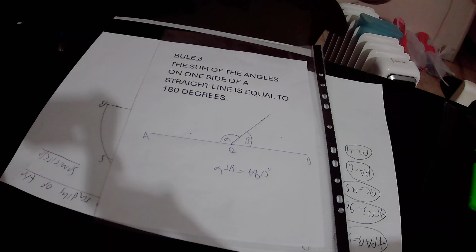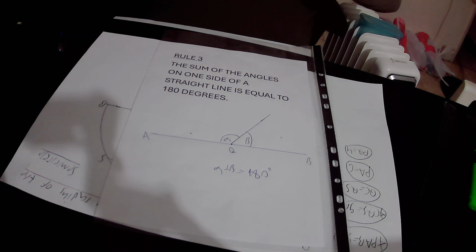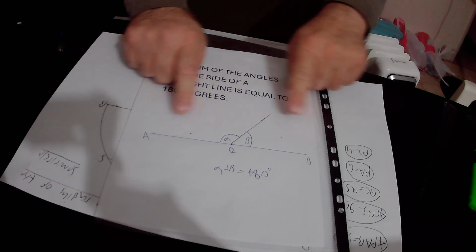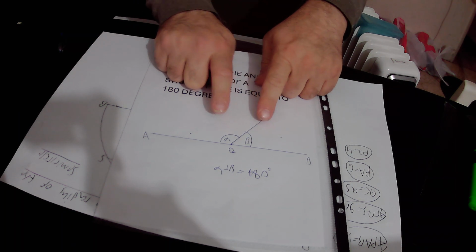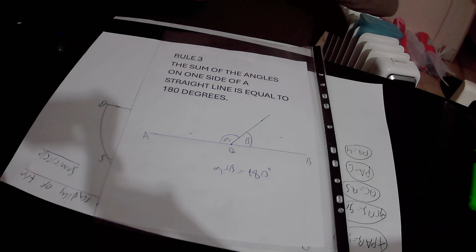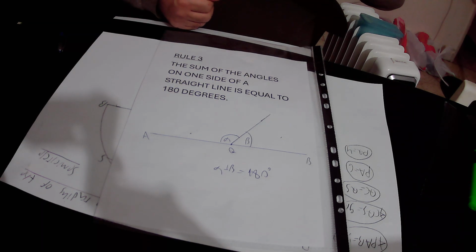If you focus on the upper side of the straight line AB at point Q, the sum of the angles must be equal to 180 degrees. So which angles do we have at the upper side of AB at point Q? We have this angle alpha and angle beta. So in total, according to rule number 3, alpha plus beta must be equal to 180 degrees.